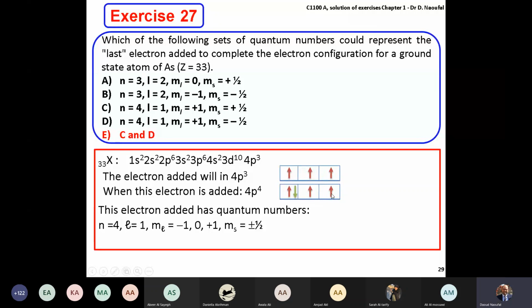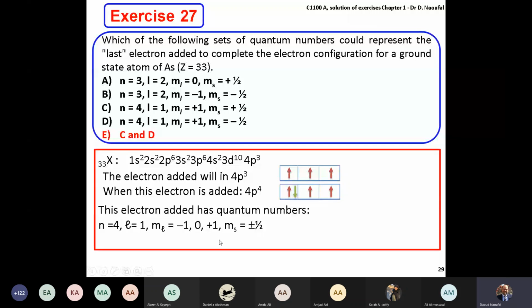Can this electron be added in the third? Yes. But by convention, we put it in the first box. It can be added to any of the 3 boxes. So the possible values of the quantum numbers of the electron added are 4, 1, minus 1, 0, plus 1 for ml, and ms equal plus or minus half.